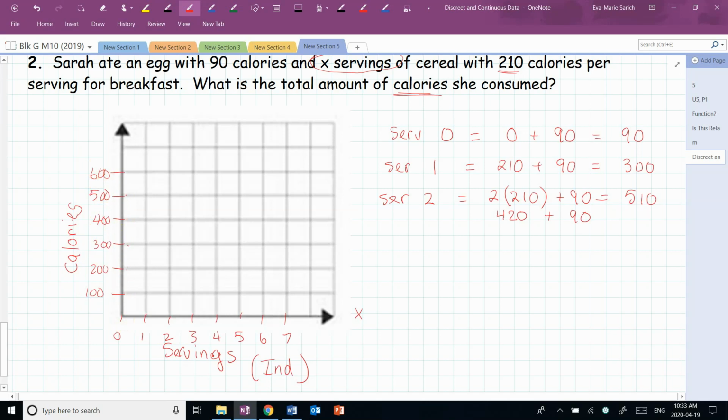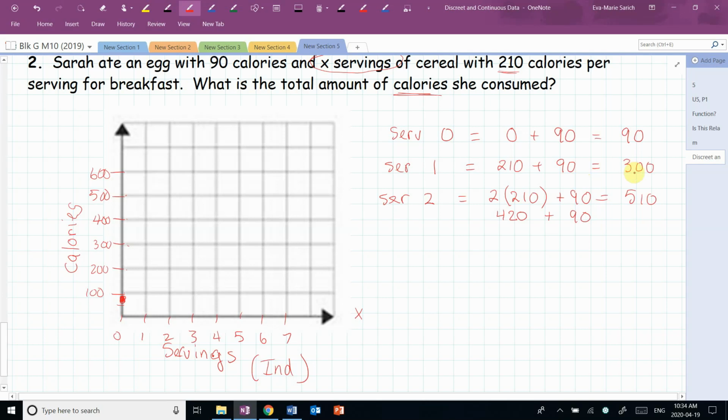Now, plotting is going to be as accurate as you can, but sort of estimated. So we need to plot on serving 0, so that's here. She has 90 calories, so halfway in between would be 50, and we need to be approaching 100, so somewhere close to 100 is going to be the first amount at 90.